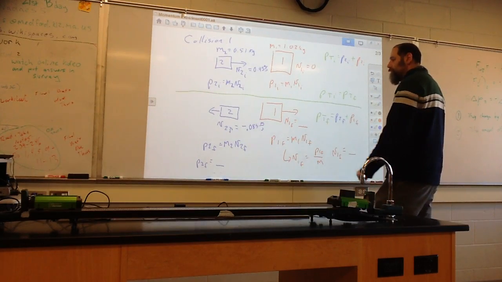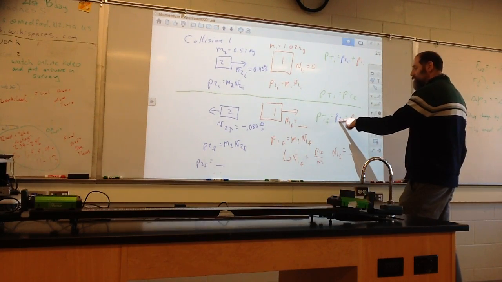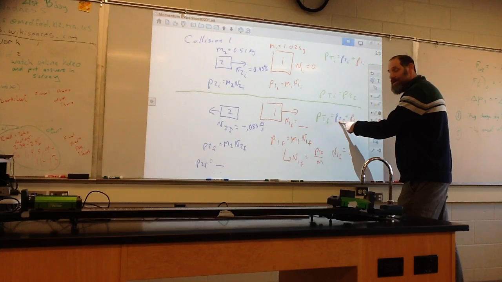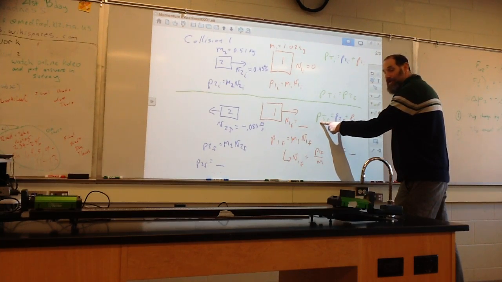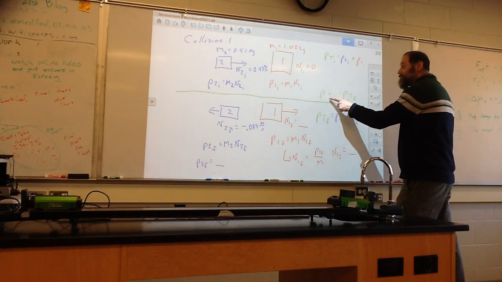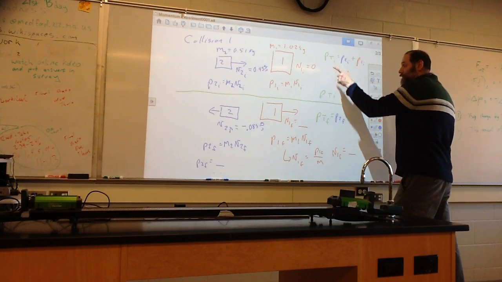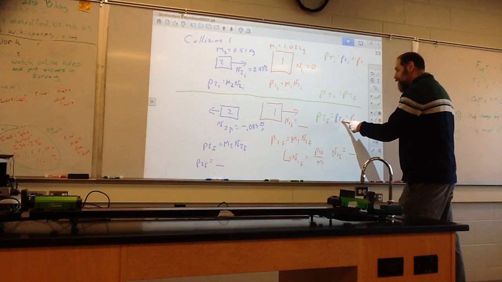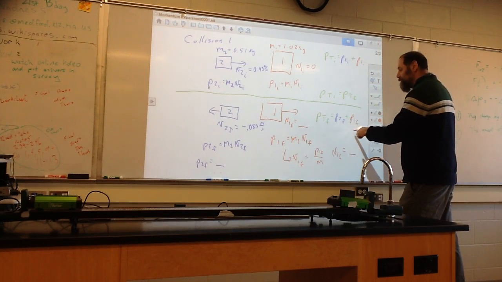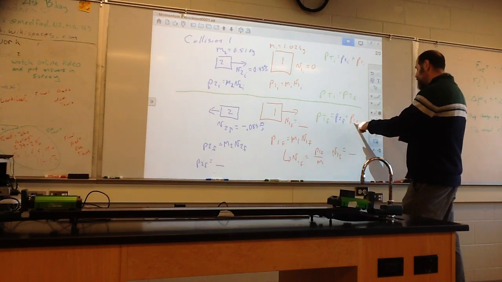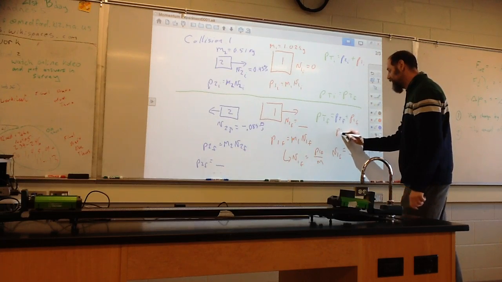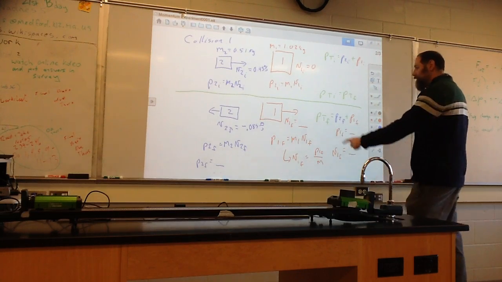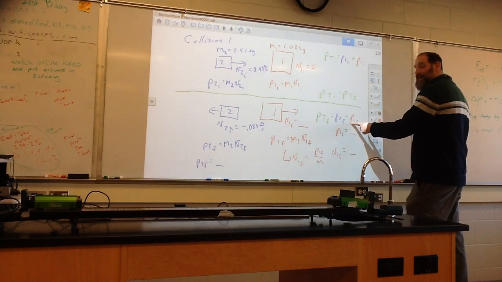Okay. So we know the momentum that cart 2 has. We know the total that they should have because momentum is conserved. What we start with equals what we end with. So if we know the total, and we know 2's final, do the algebra to solve for P1 final. Okay? Do the algebra to solve for P1 final. If we know these two, subtract to get this guy.